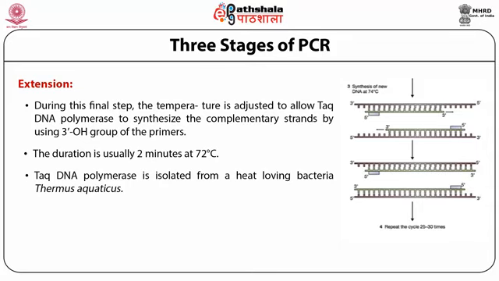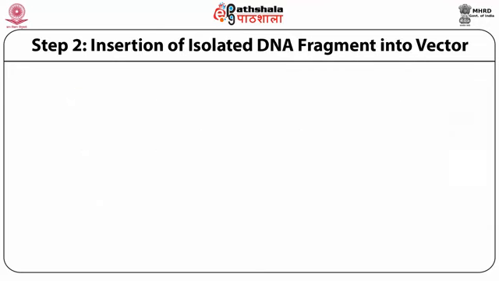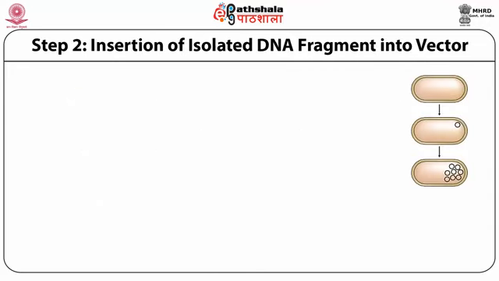And it can pass through several cycles of low and high temperatures without getting denatured. These three stages of PCR are repeated 20 to 30 times, which results in production of large quantities of DNA product. The second step in gene cloning is insertion of the isolated DNA fragment into a vector.